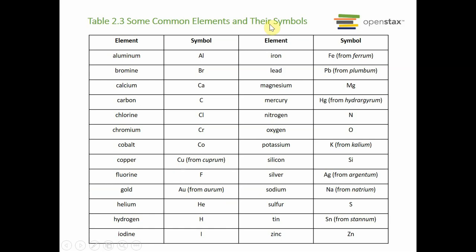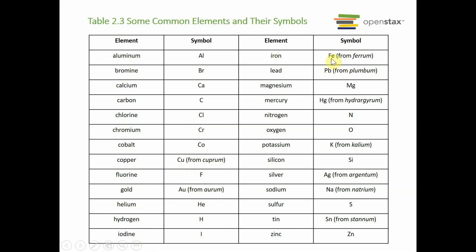Some common elements and their symbols: aluminum, bromine, calcium, carbon, chlorine, chromium, cobalt. Copper is Cu for cuprum. Fluorine, gold is Au for aurum. Helium, hydrogen, iodine.